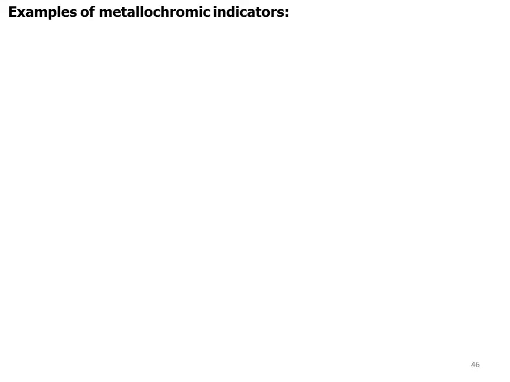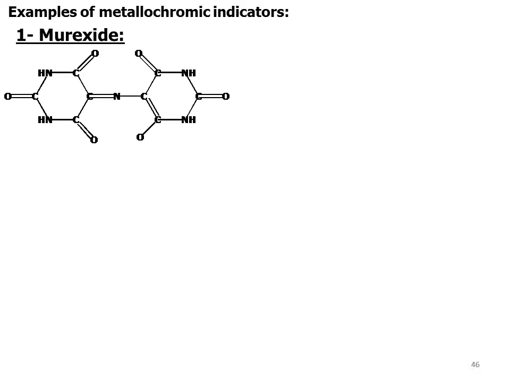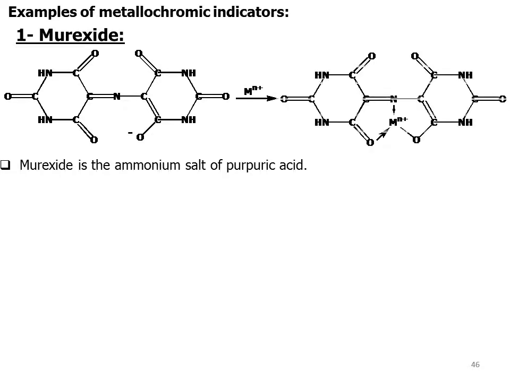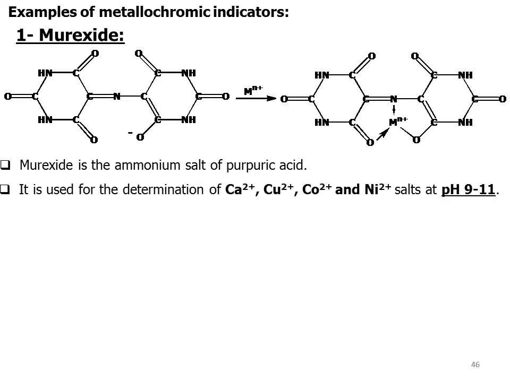It was found that EDTA reacts with different central metal ions in the ratio of 1:1, irrespective of the valency of the central metal ion. You can see here, all central metal ions with different valencies are treated equally with the EDTA, liberating 2 moles of hydrogen.